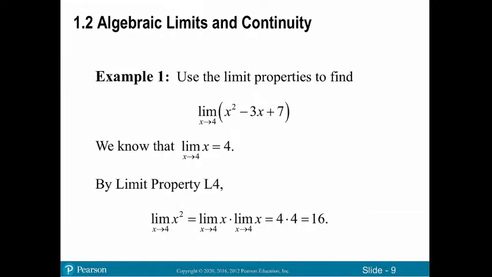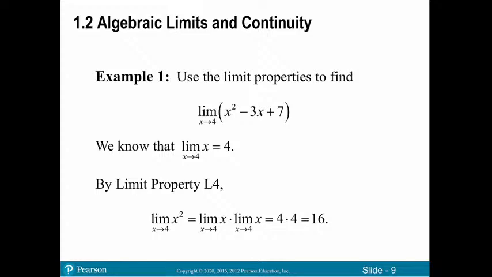Now we have a typed version of what we just did that's been pre-worked out. We know that the limit as x approaches 4 of x is 4. By limit property 4, the limit as x approaches 4 of x squared is going to be the power of the limit. So that's 16. I think we got that part, right?